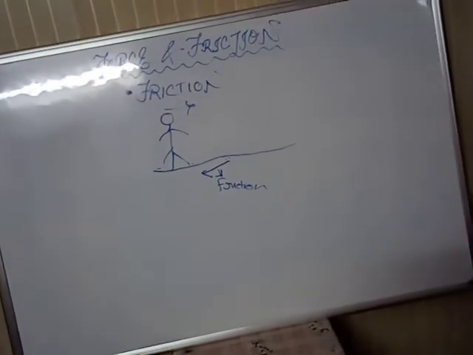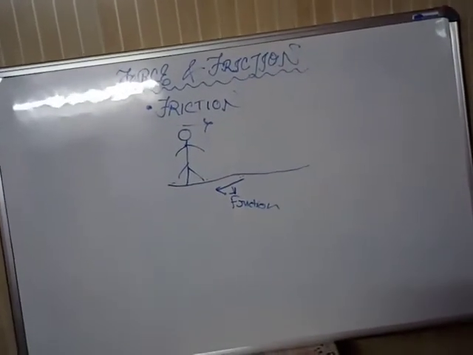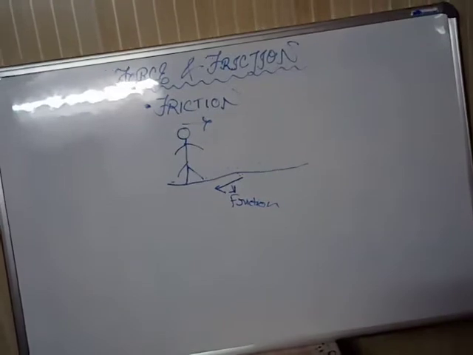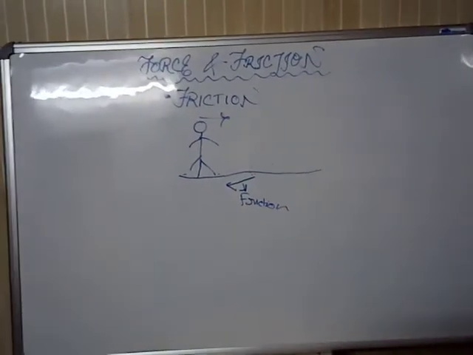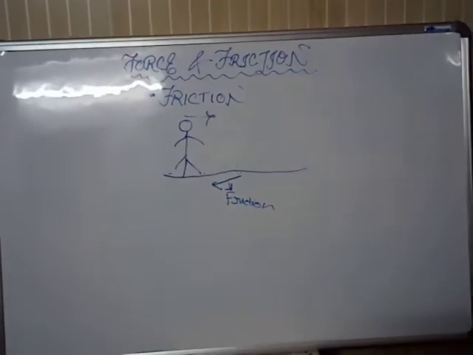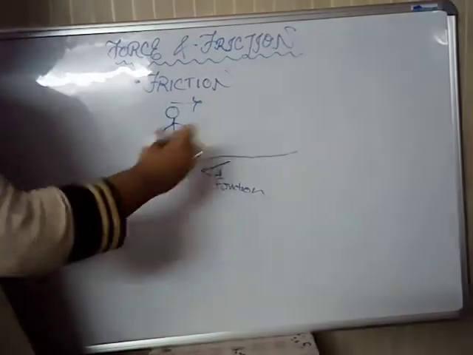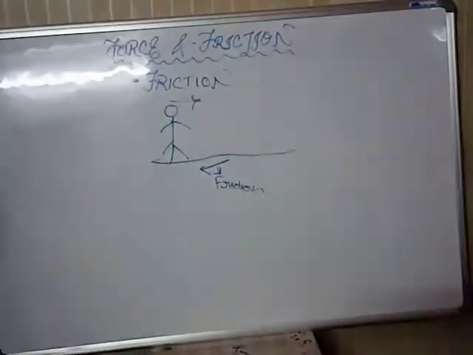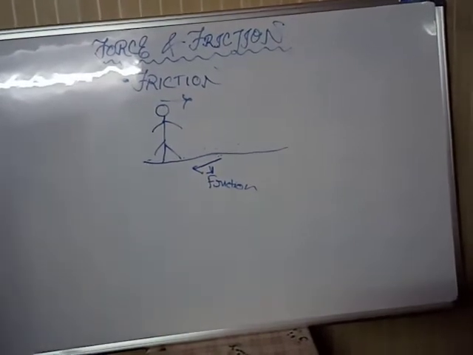Now, what causes friction? Friction occurs because no surface is perfectly smooth. Surfaces that might look smooth to the unaided eye will look rough when viewed under a microscope. The road, we can say, is a smooth road to our unaided eye, that is, without a microscope.